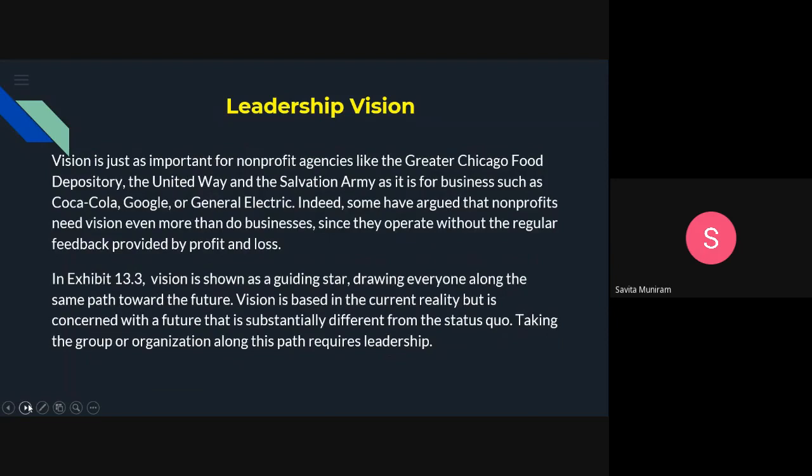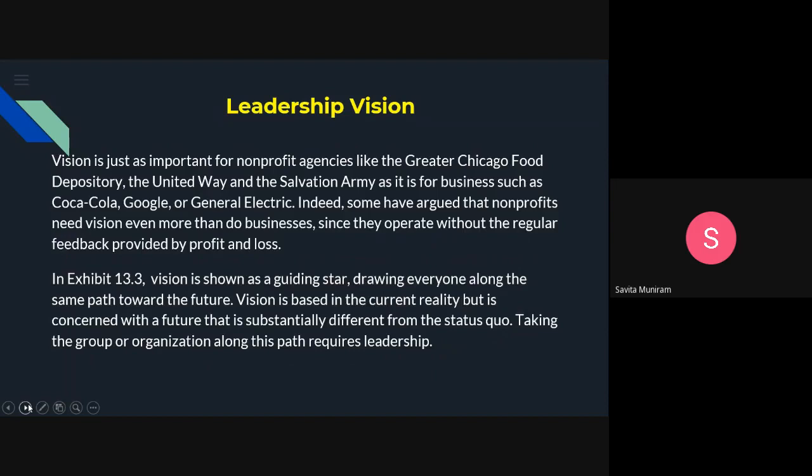The vision is just as important for nonprofit agencies like the Greater Chicago Food Depository, the United Way, and the Salvation Army, as it is for businesses such as Coca-Cola, Google, or General Electric.